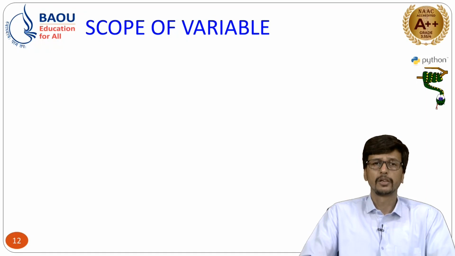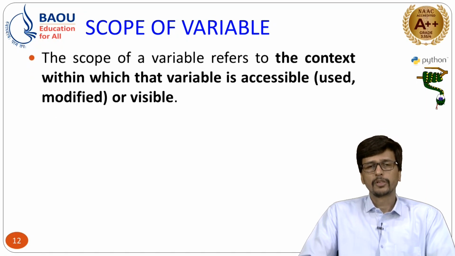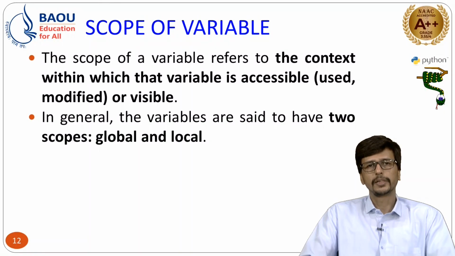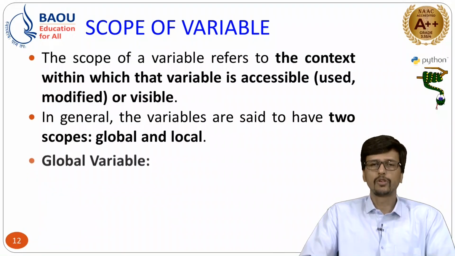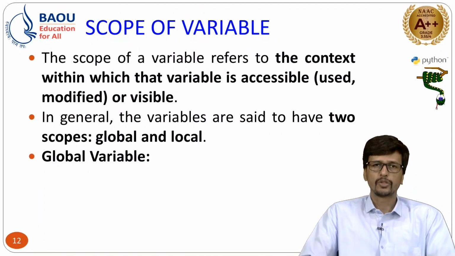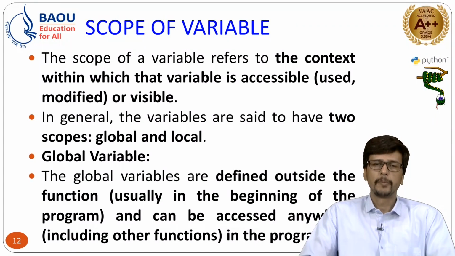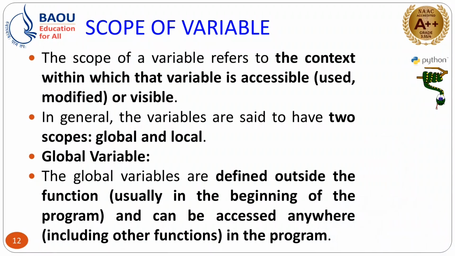Now the next is scope of the variable. You are already aware that two types of scope define the lifetime of a particular variable: one is local and one is global. If the function definition contains a variable, then it has local scope. That means the variable can be used only within that function body.